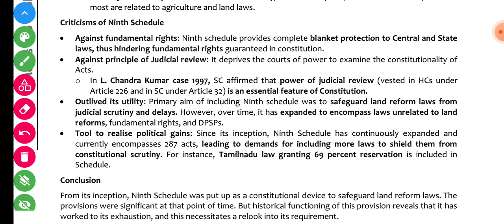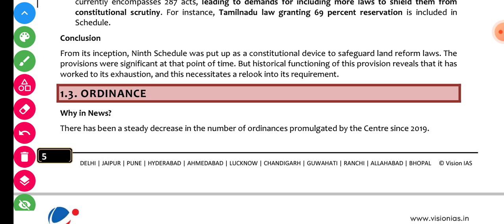Since its inception, it has continuously expanded and currently encompasses 287 acts, leading to demands for including more laws to shield them from constitutional scrutiny. For instance, the Tamil Nadu law granting 69% reservation is included in the Ninth Schedule.